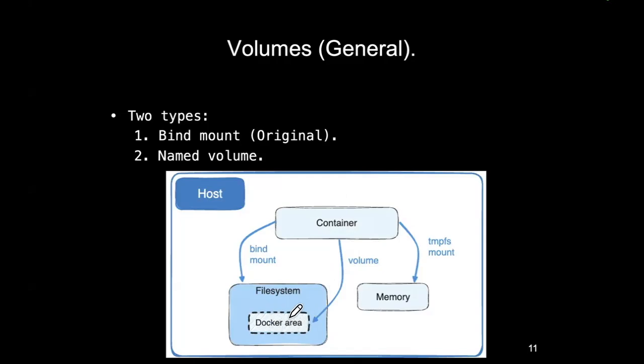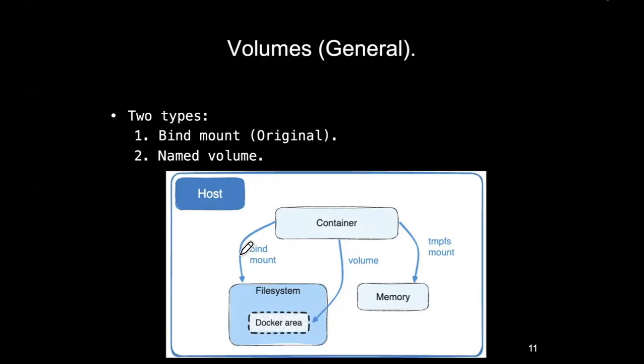We cannot access this part of the file system using Windows Explorer or Finder. Windows Explorer if you're working on Windows, Finder if you're working on a Mac. Windows Explorer allows us to navigate around this part of the host file system, but we can't really get at this part.